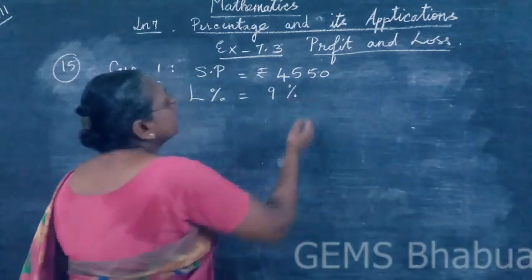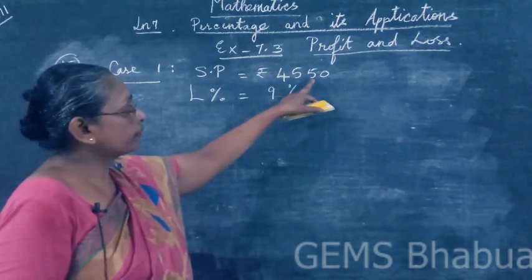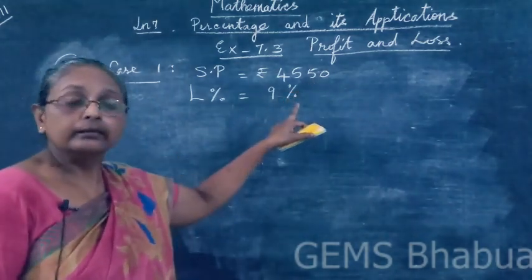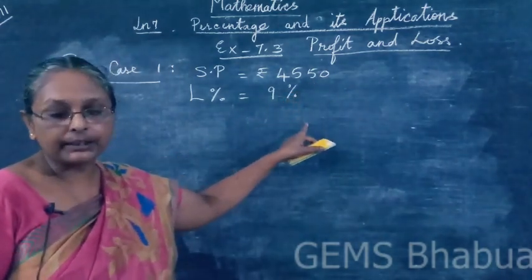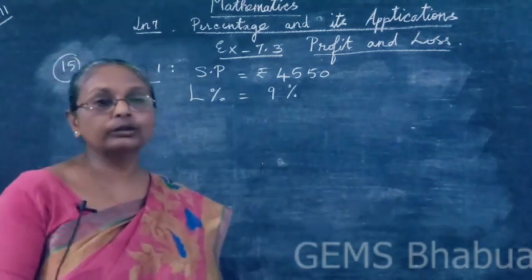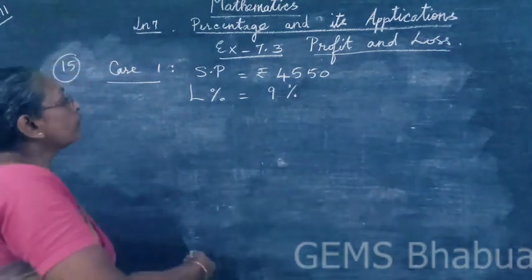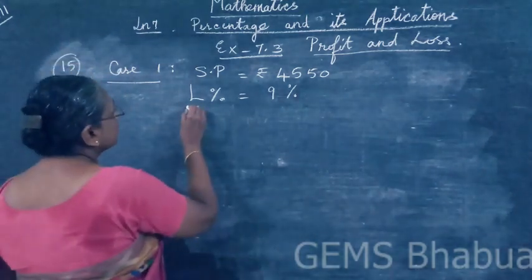So initially, when he sold the article, he sold it for this much and he had a loss of 9%. Now first we can find out the cost price of the article, then go to the second case. So what will be the cost price of the article?